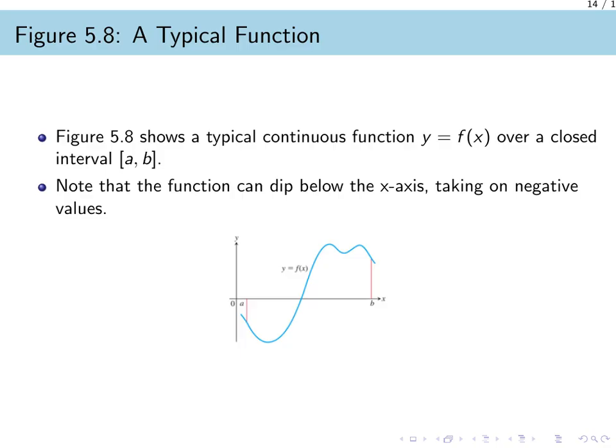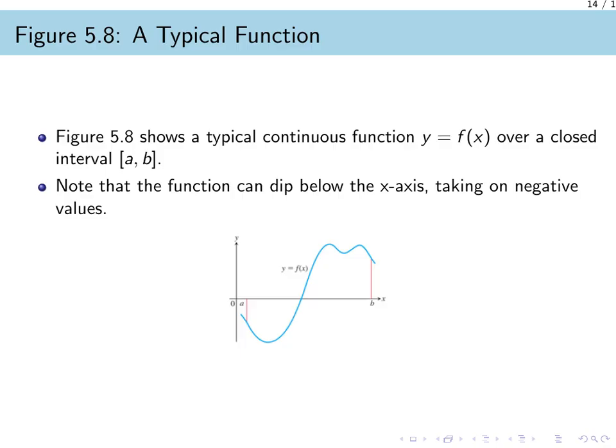This slide presents figure 5.8, which shows the general type of function we will be working with to define the definite integral. We have a continuous function, y equals f of x, over a closed interval from a to b. The most important feature to observe here is that the function is not required to be positive everywhere.